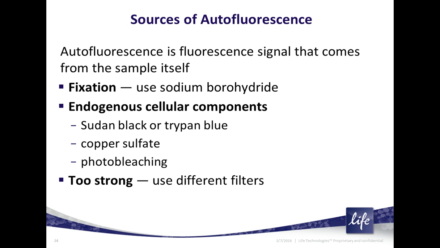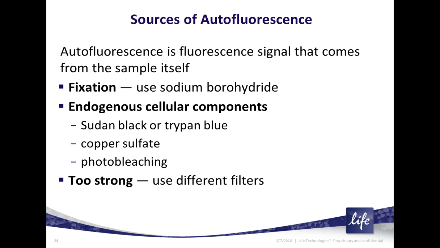I've even heard of people taking their samples and putting it in strong sunlight to photo bleach away the autofluorescence. You can also keep one of your channels open and use the autofluorescence in that channel and subtract that image from your specific channel image in a different wavelength using the arithmetic functions on your imaging software.